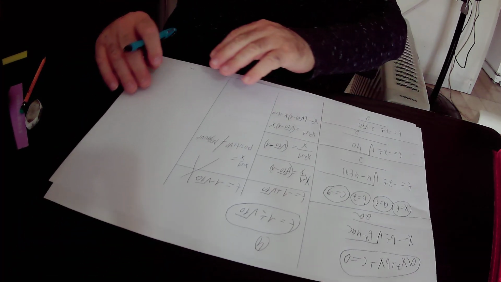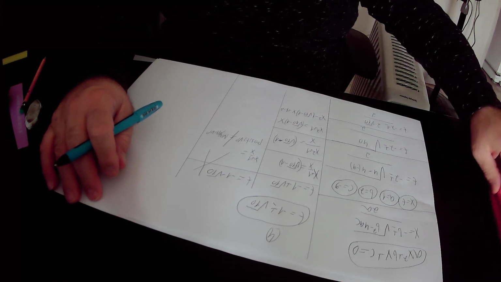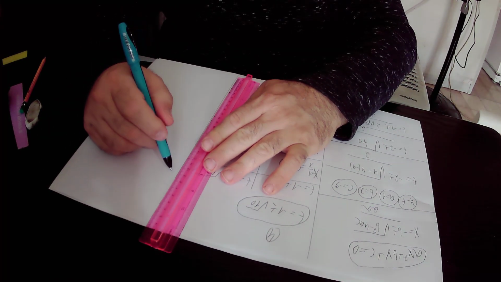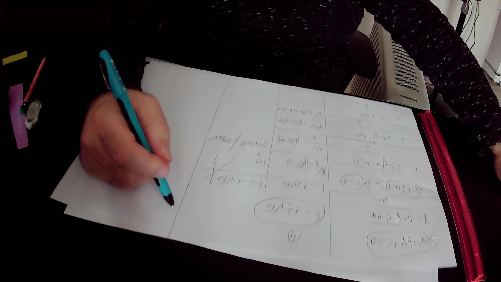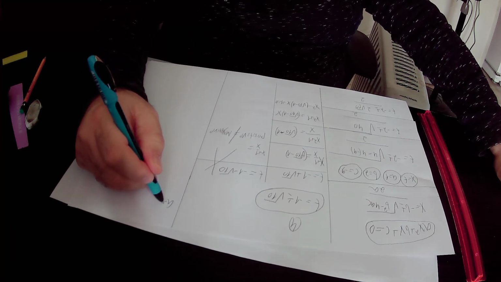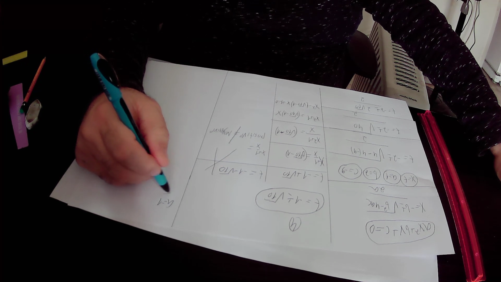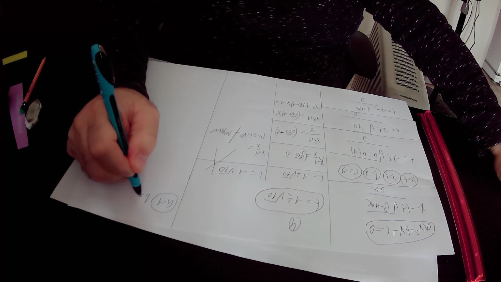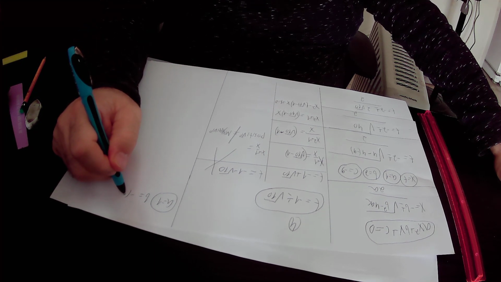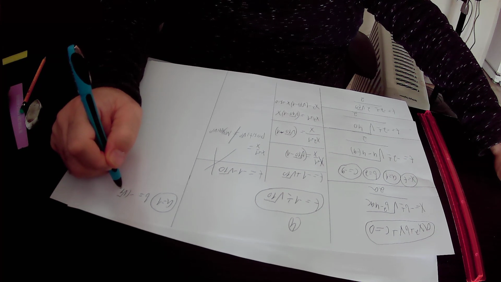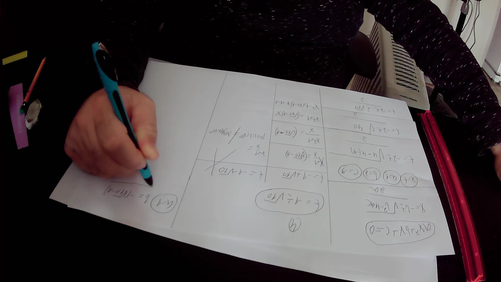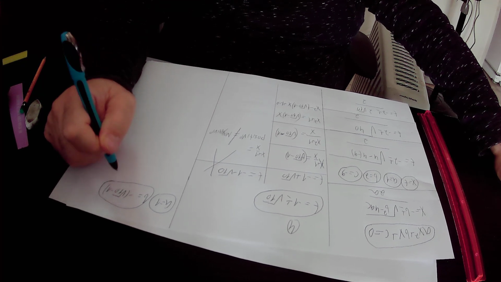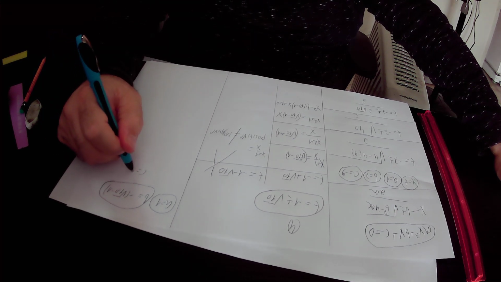In this quadratic equation, the coefficients are as follows. Here a equals 1, b equals minus square root of 10 minus 1, c equals 1.